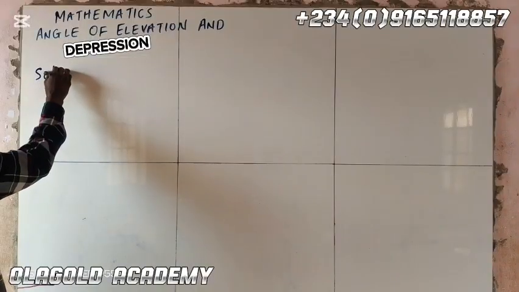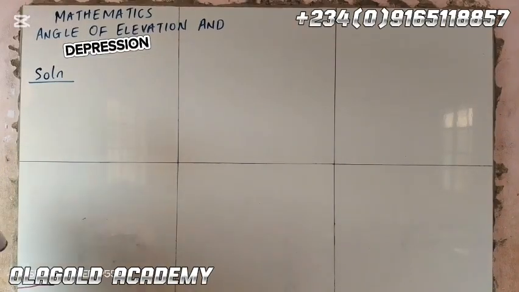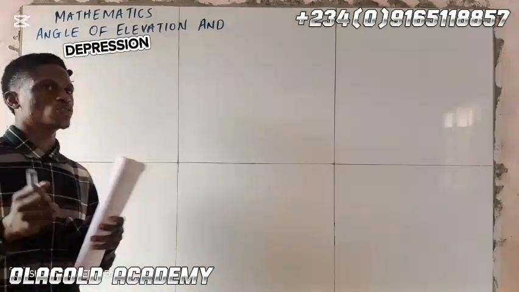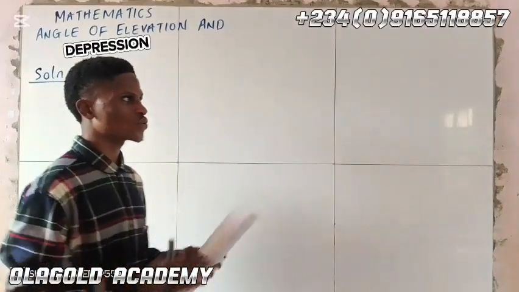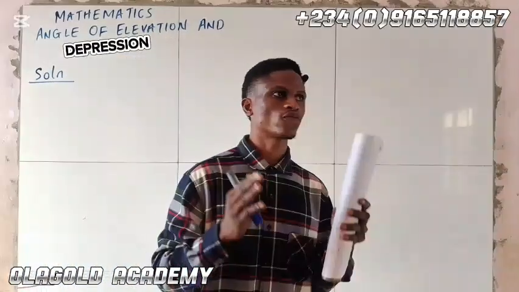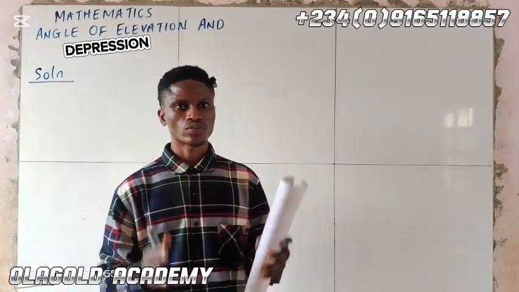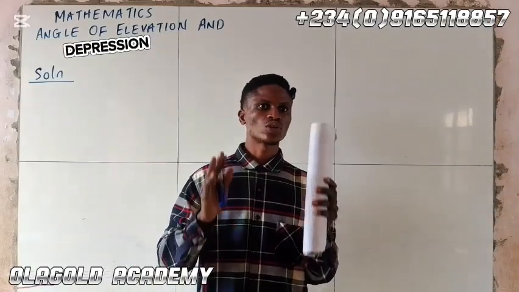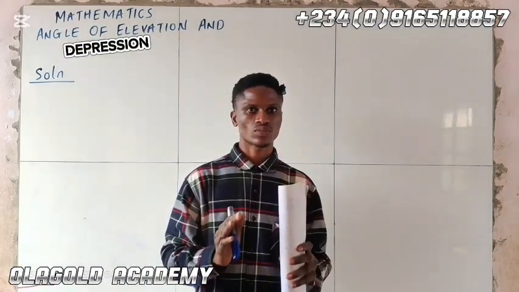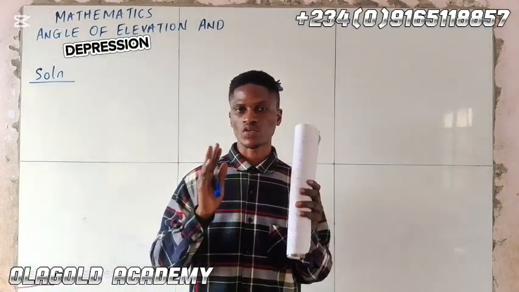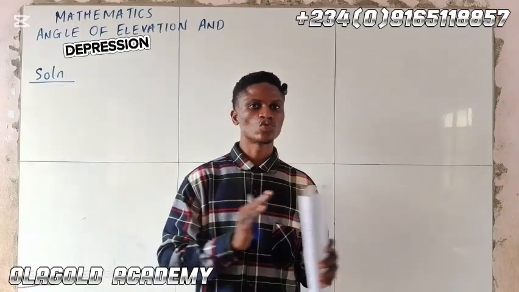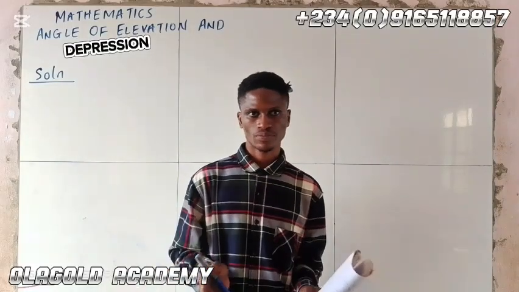Solution. Remember I said that to be able to solve questions under angle of elevation and depression, you must be able to interpret the question. Once you are able to interpret the question, then you have no issue at all.